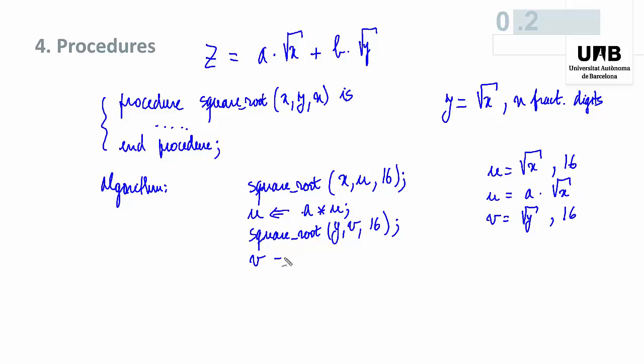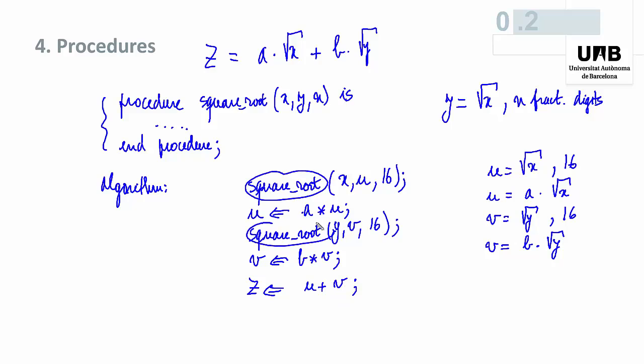Next instruction, we substitute v by b times v, so that now v is equal to b times the square root of y, and finally we compute the sum of u and v. So as you can see, we have called 2 times the procedure square root.